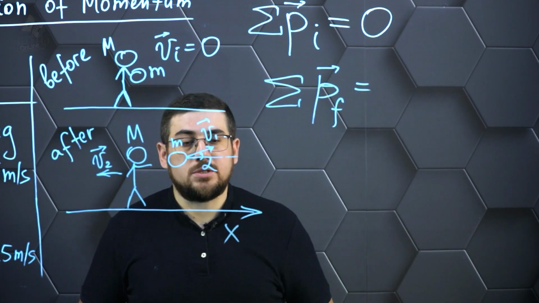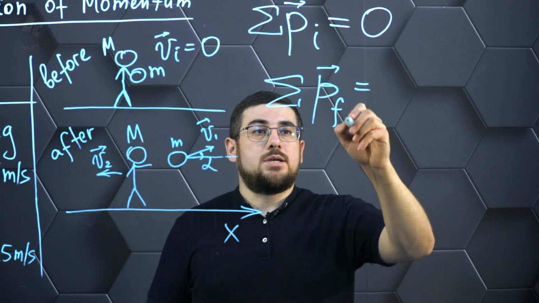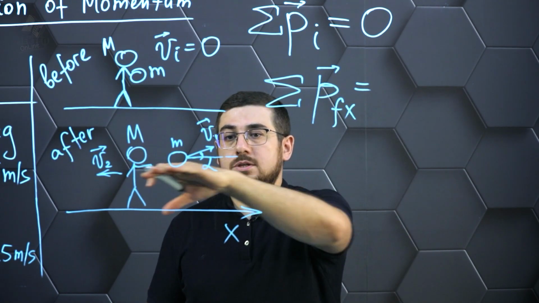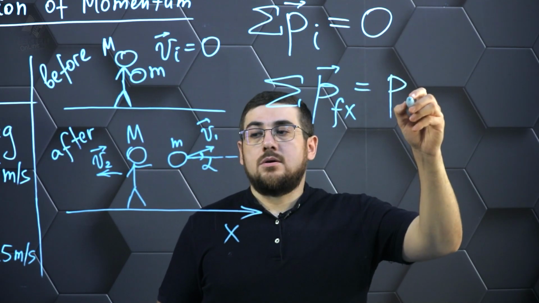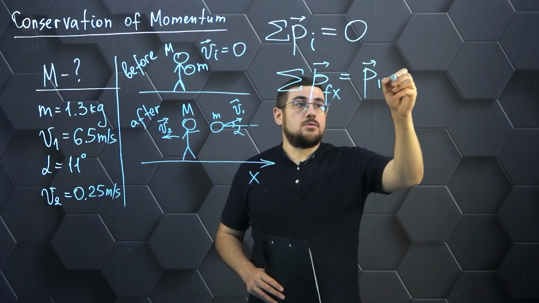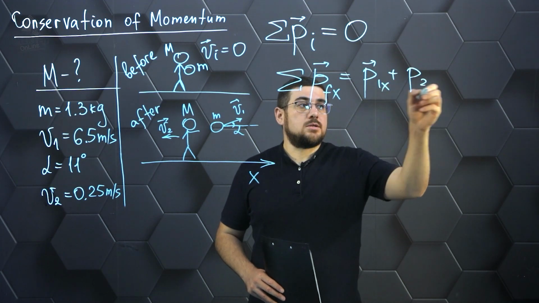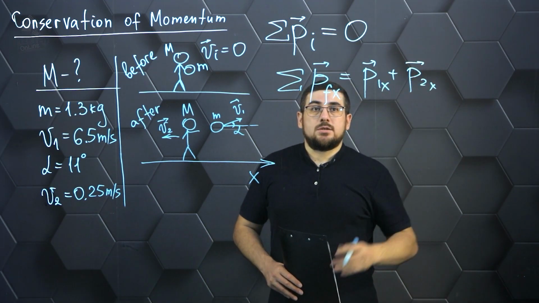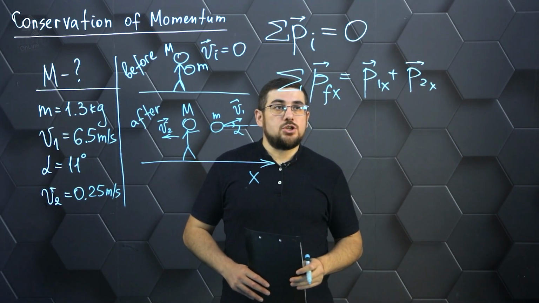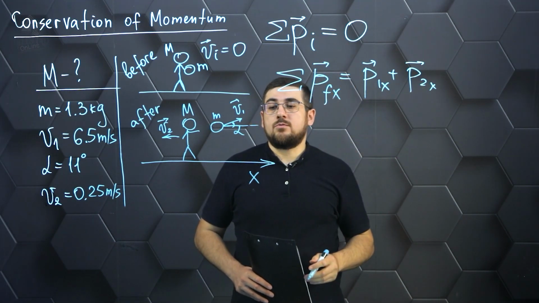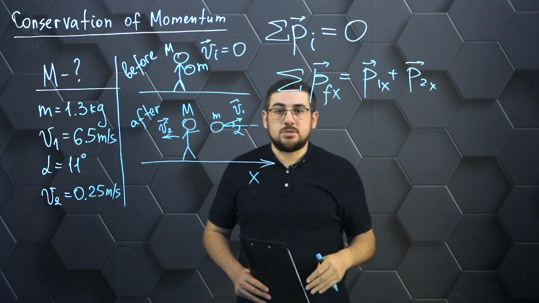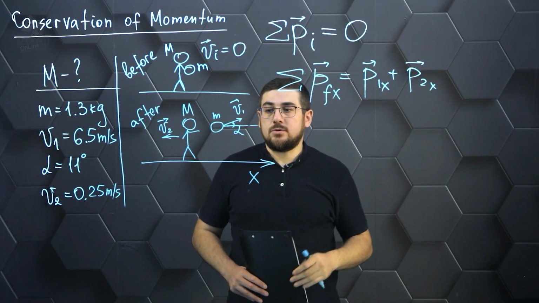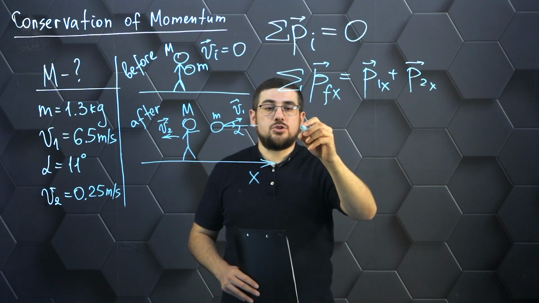Let's assume that we denote this axis x. Then the components of the given vectors on the x-axis, the sum of these vectors, will be decomposed as p1 and p2 in projections on these axes. Further, our task is to describe in scalar form these quantities, and, as we understand, in projection on the x-axis, we will apply the law of conservation of momentum in terms of equating these momenta, and then calculate the values we need.